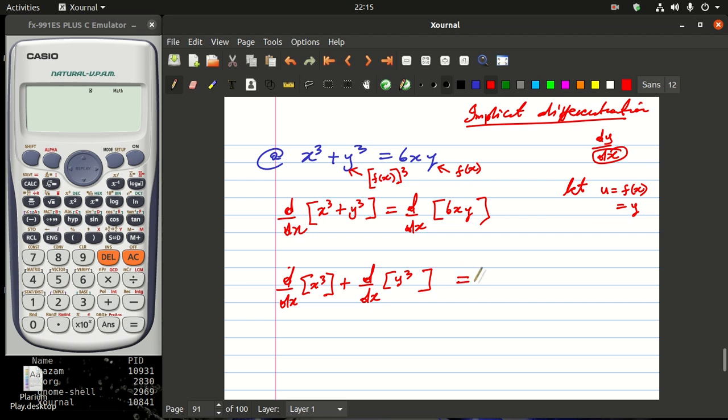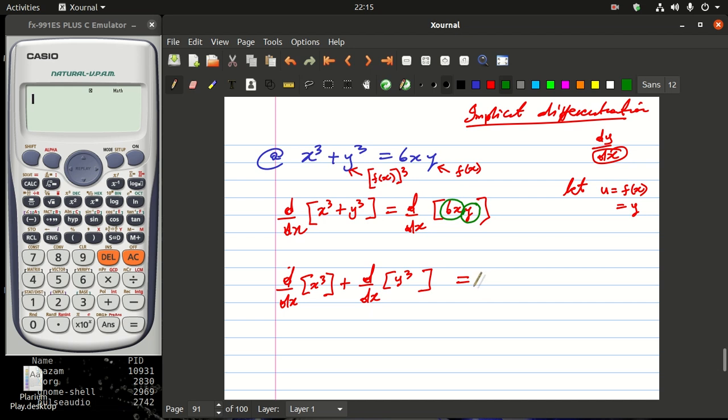And on the right hand side I also want you to notice that I have this function here and this function f of x, and they are multiplied together. So when we have two functions, you just end up using the product rule to get that.